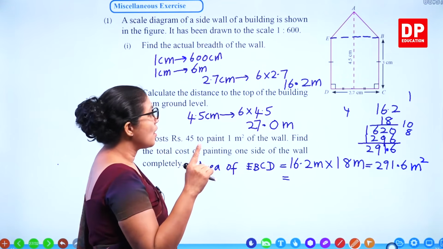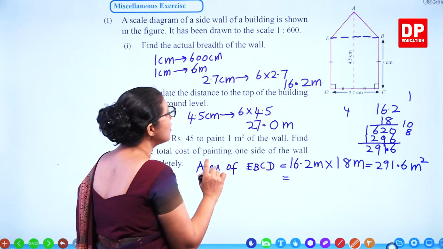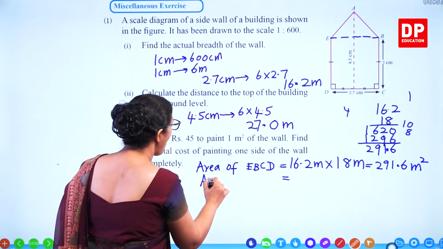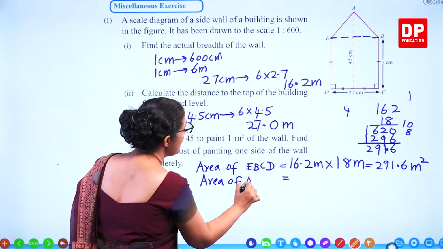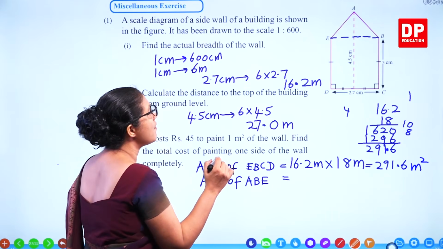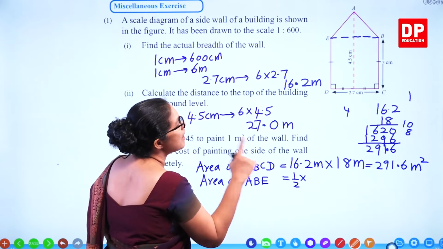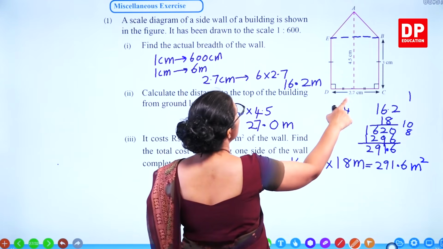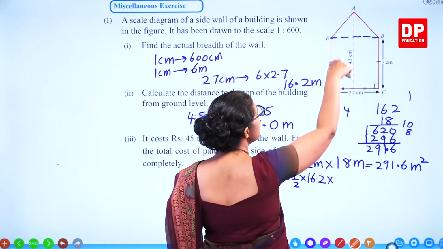Then you need to find out the area of ABE triangle. So how you find out the triangle area? Half times base. Base is 2.7 means 16.2. And what's this height?